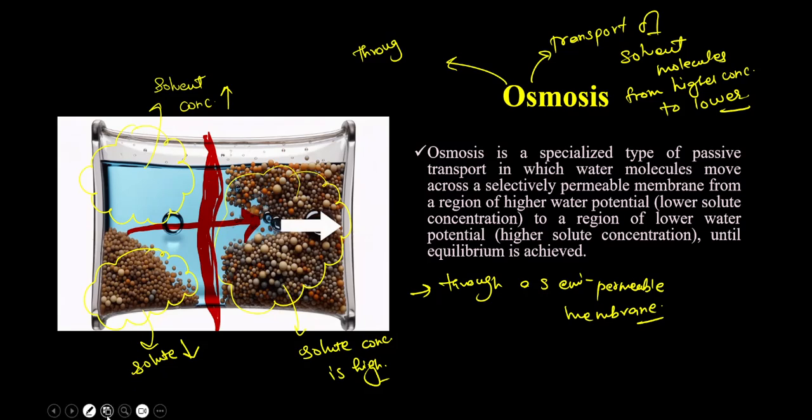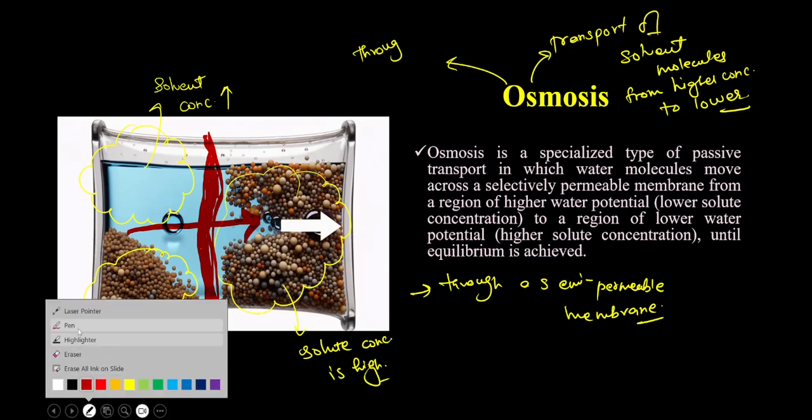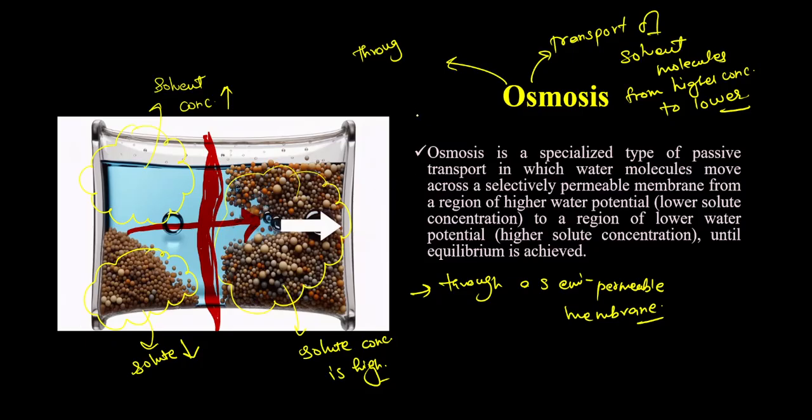So we can say the water molecules are transported through a semi-permeable membrane from a higher water potential, or the region where the solute concentration is very low, to a region of higher solute concentration, or the region where there is lower water potential, until the equilibrium is achieved.